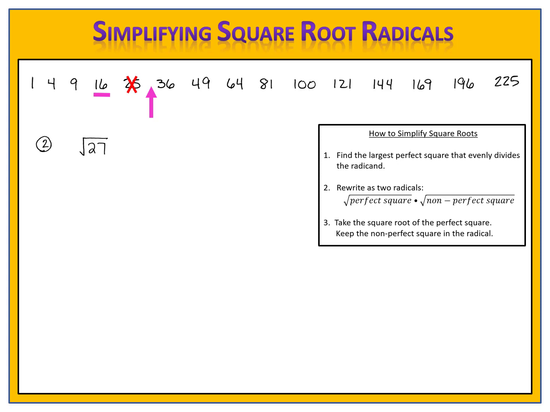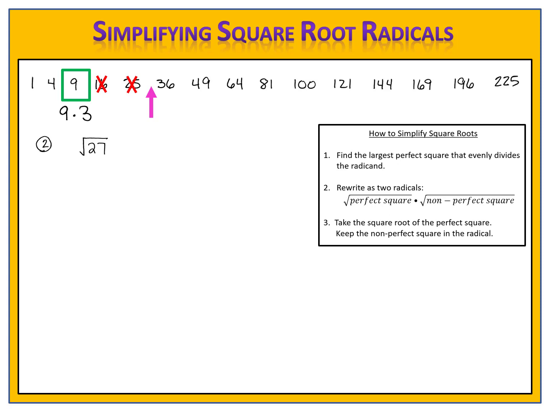Once again, we could check in our calculator. 27 divided by 16. We see that it does not go in evenly. How about 9? Does 9 go into 27? Yes, it does. 9 goes into 27 3 times. 9 times 3. Now, step 2. We rewrite as 2 radicals.